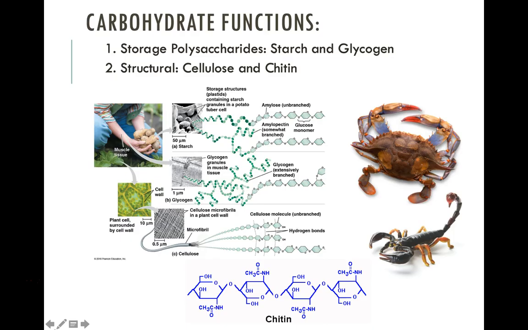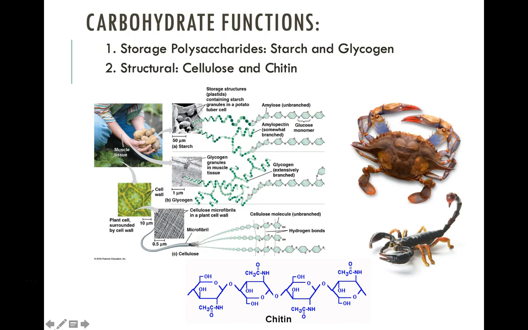Here we have a couple of examples of the different types of carbohydrates. We have two major functions of carbohydrates. One is storage, storing carbohydrates, usually to be broken down later for energy. And then we also have structural carbohydrates. I really like this image.